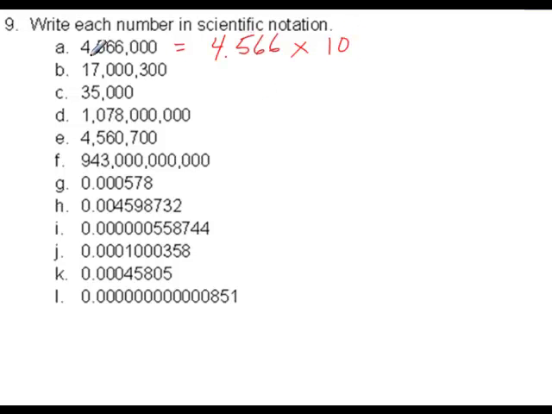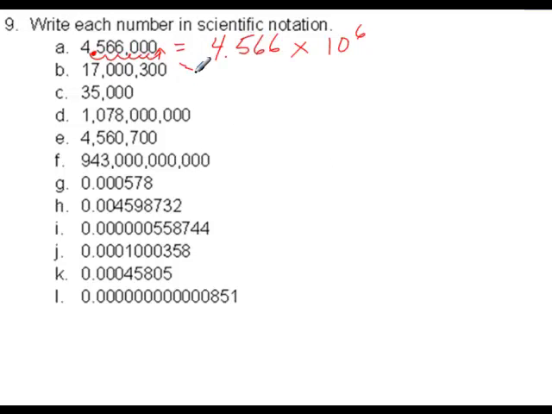This is where our decimal went, but this is where it started. How many places did I move it? 6. And we know this has to be a positive 6 because this is a whole number. To move it, I'd have to move it back 6, and that's in the positive direction. We just don't need to show that.